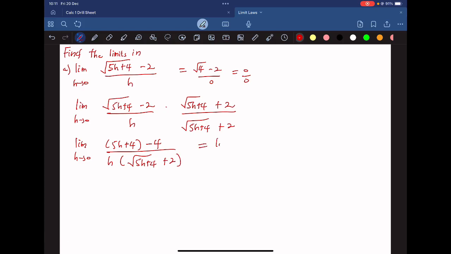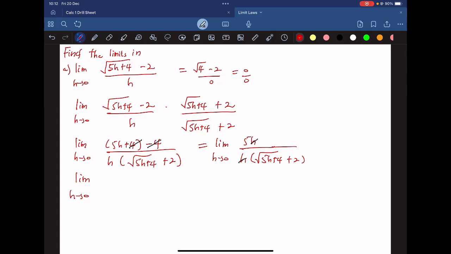Now this is the same as limit as h approaches 0. Note that over here, 4 cancels out 4. So you have 5h over h, then square root of 5h plus 4 plus 2. So we end up getting, note that over here h will cancel h.